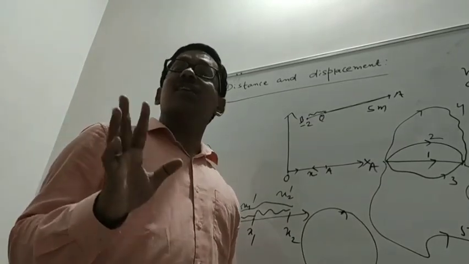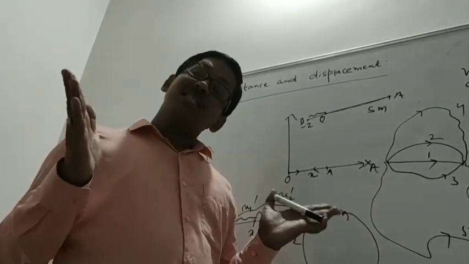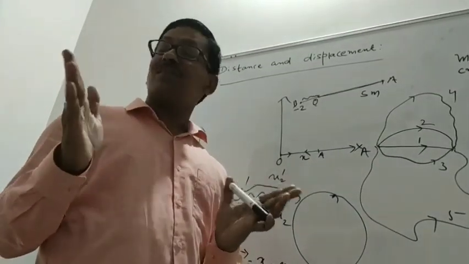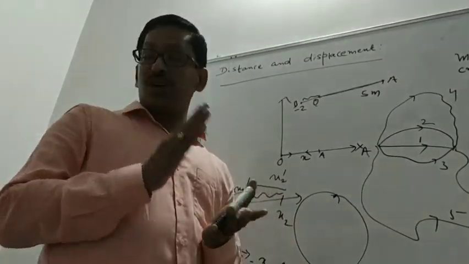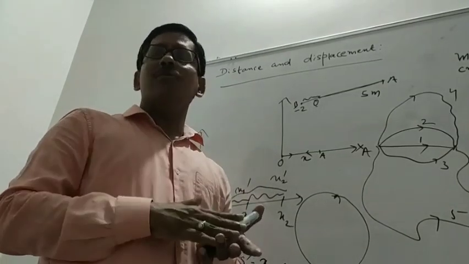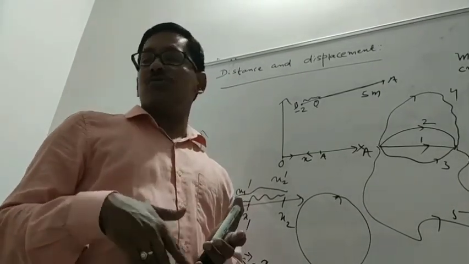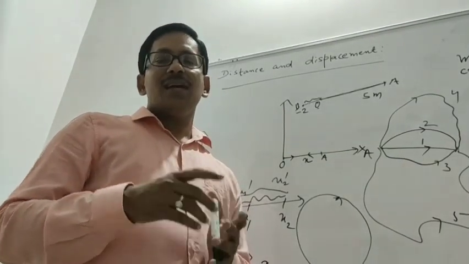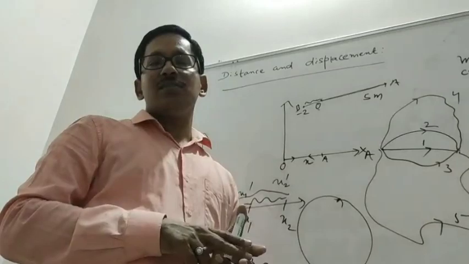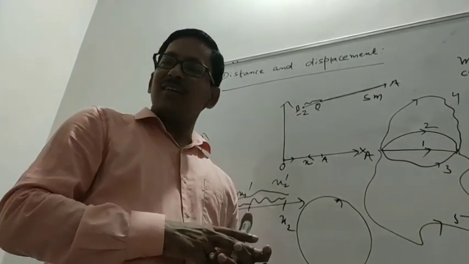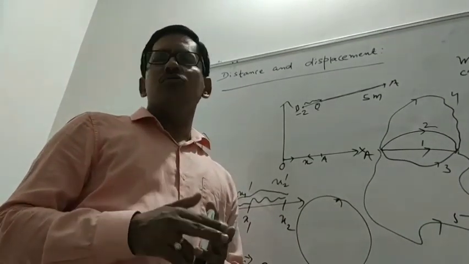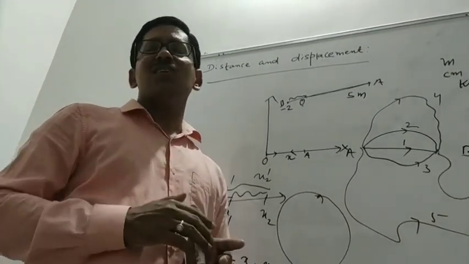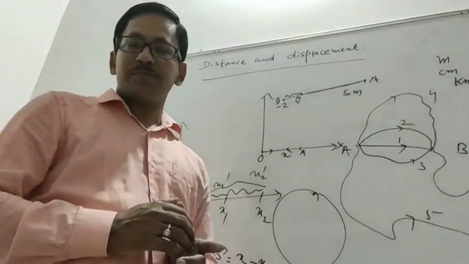It cannot be greater because displacement is the shortest distance. And distance covered by a body is either greater than or equal to the magnitude of displacement. Distance covered cannot be less than the magnitude of displacement.